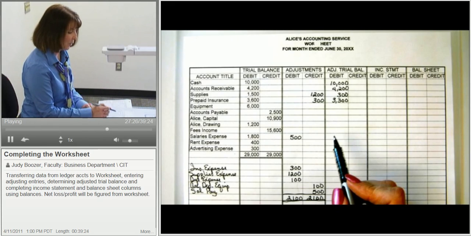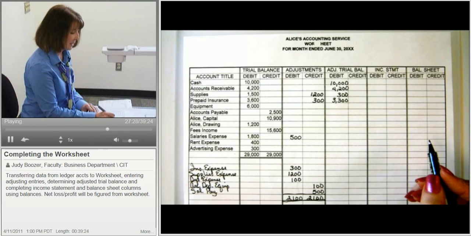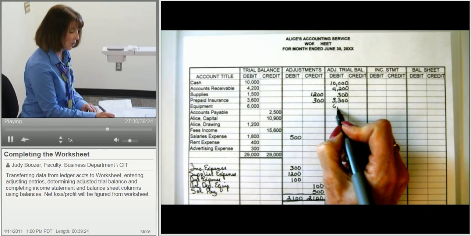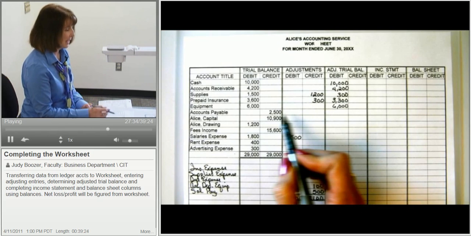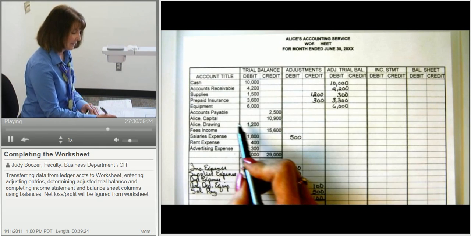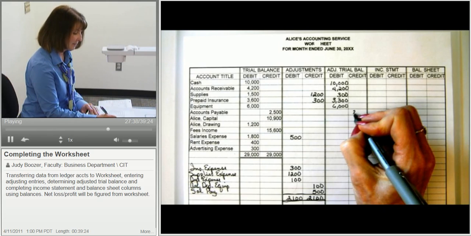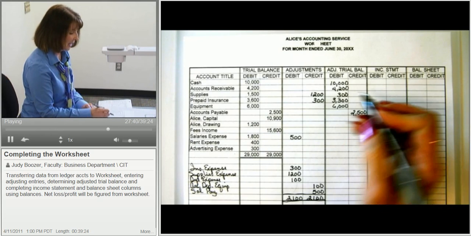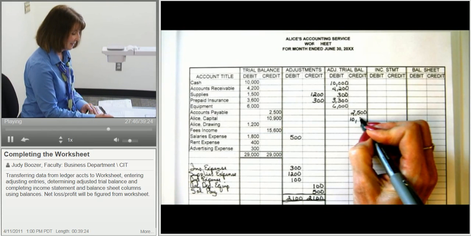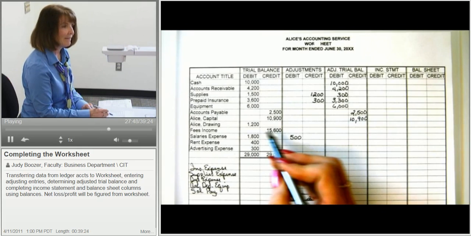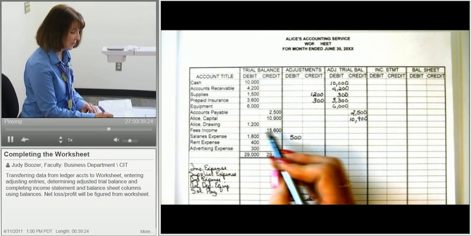How about for equipment? 6,000. Just bring over the original balance. No adjustments. Accounts payable? Good. Alice Capital? Alice Drawing? 1,200.